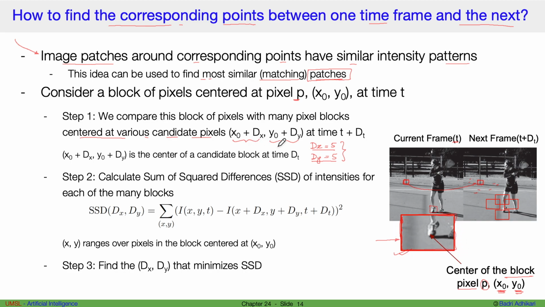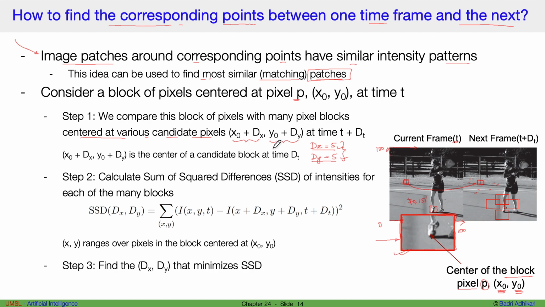So now we have chosen 5 and 5. Let's say this is my x-axis, ranging from 0 to 100, and this is my y-axis, also ranging from 0 to 100. Let's say for this pixel, x naught, y naught is 70, 15.